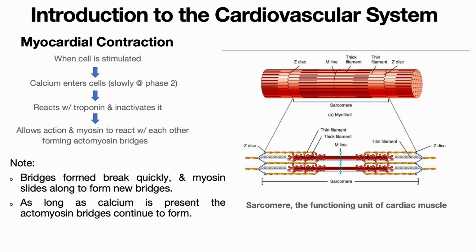The further apart the actin and myosin proteins are before the cell is stimulated, the more bridges will be formed and the stronger the contraction will be. However, if the actin and myosin molecules are stretched too far apart, they will not be able to reach each other to form the actomyosin bridges and no contraction will occur.